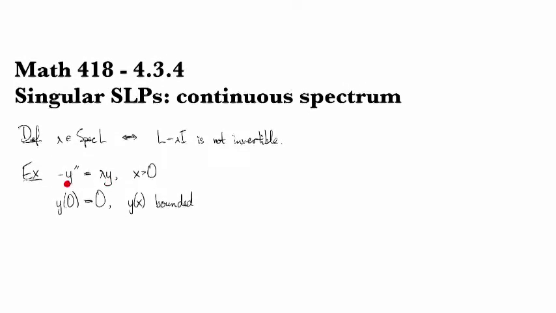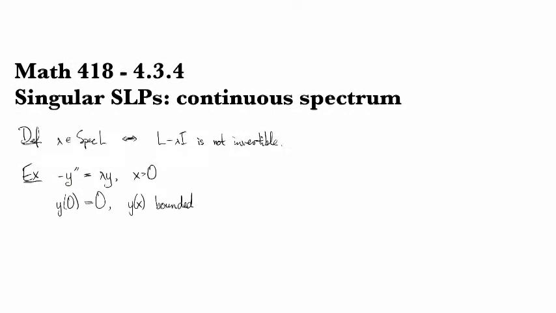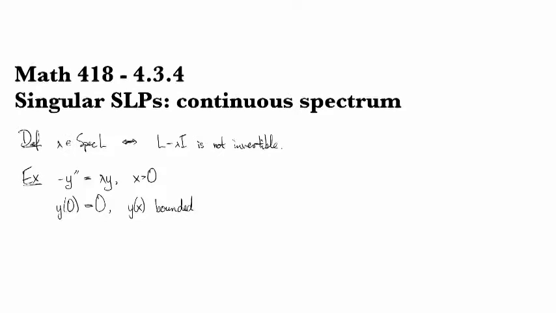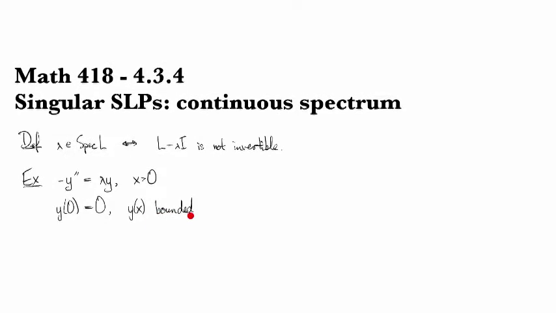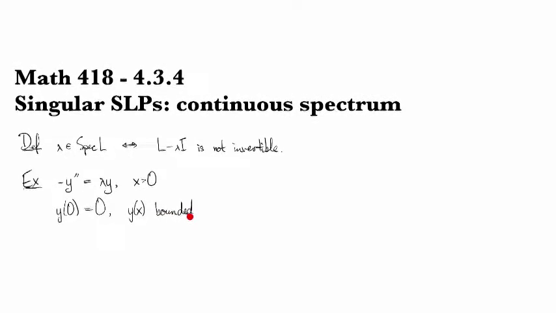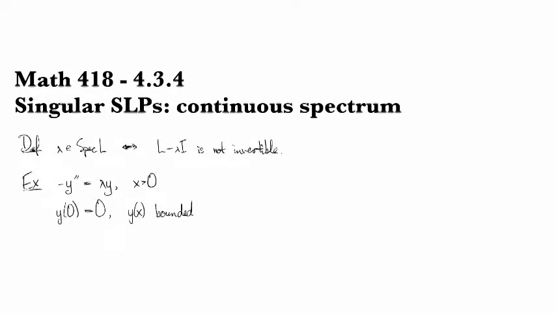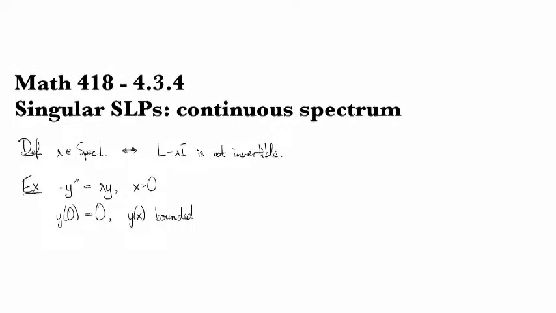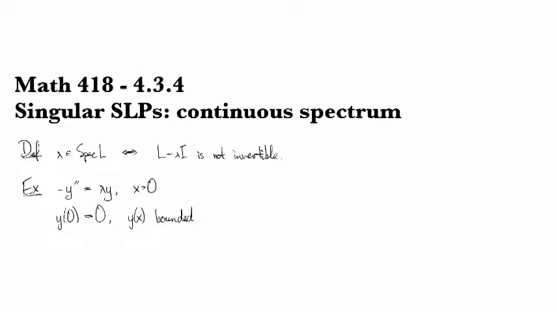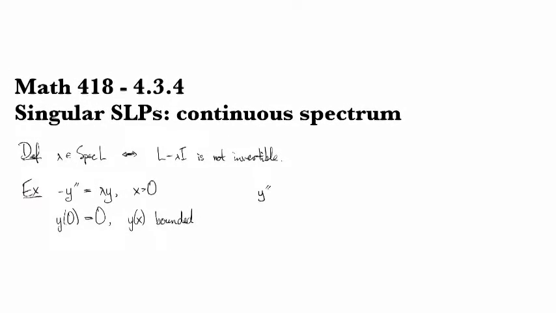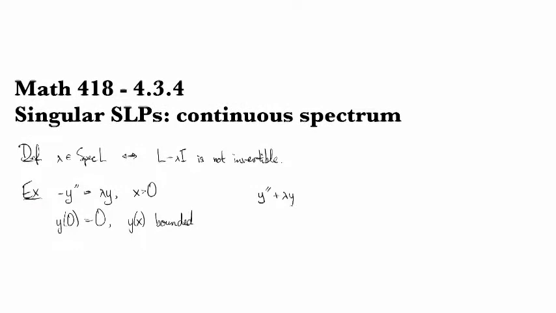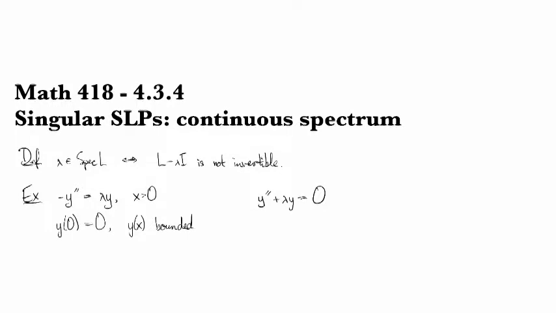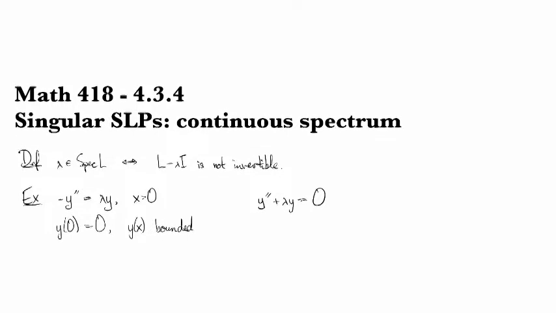So we'll take minus y double prime equal to lambda y. This is for x positive, and we'll require y of 0 to be 0, and then our other requirement, we're just going to take y to be a bounded function. Okay, so let's see. If we look at this equation, we've got y double prime plus lambda y equal to 0. And so we have the usual three cases for y.